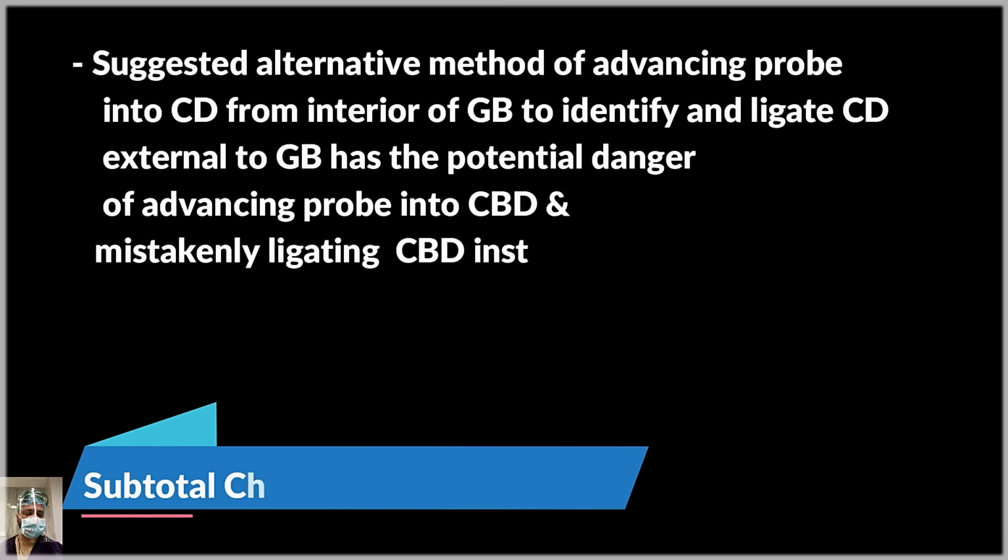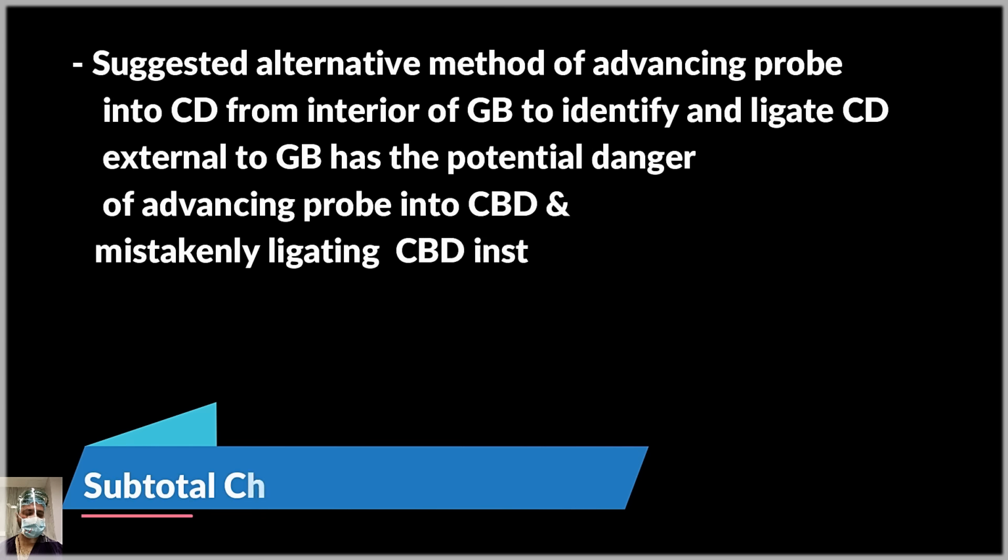Especially if the cystic duct is short, as happens with a large stone impacted in the neck or Hartmann pouch, it gets effaced, and any probe may pass into the CBD, leading to major biliary injury.